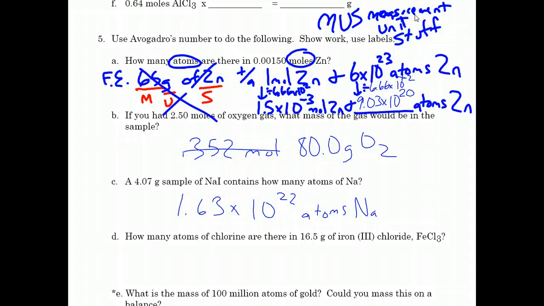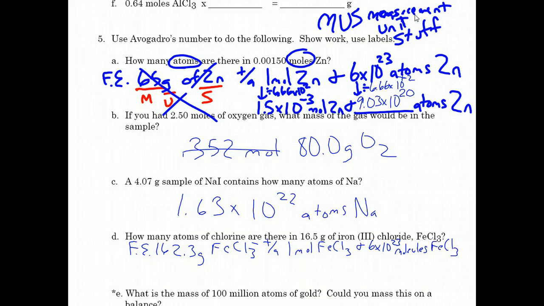And then let's do part D together. Part D says how many atoms of chlorine are in 16.5 grams of iron 3 chloride. So we could say for every 162.3 grams of FeCl3, there is 1 mole of FeCl3 and 6 times 10 to the 23rd molecules of FeCl3.